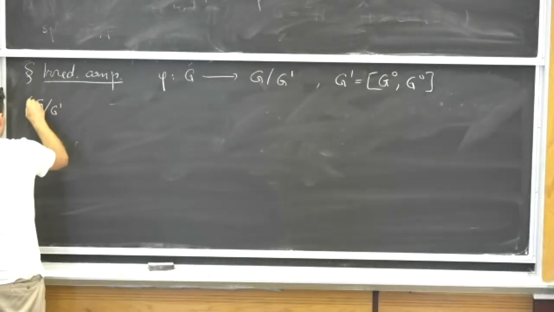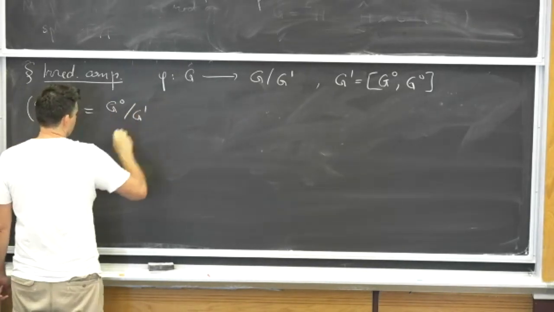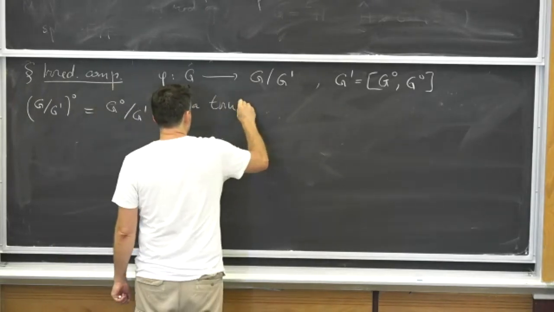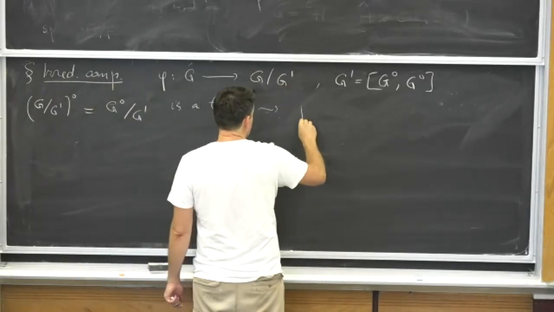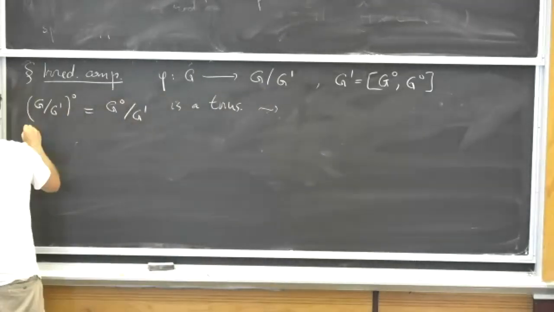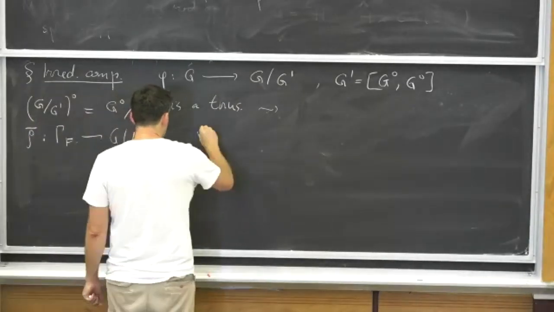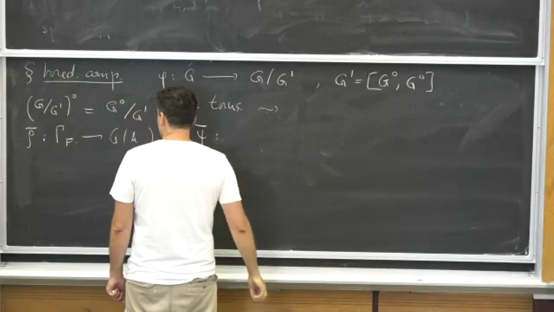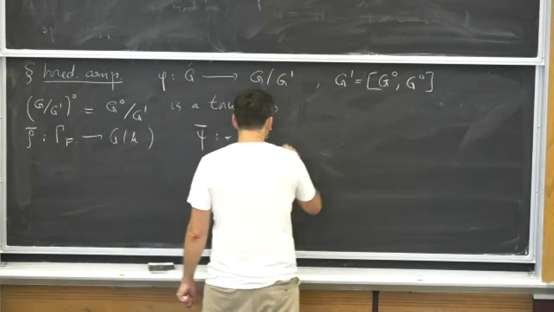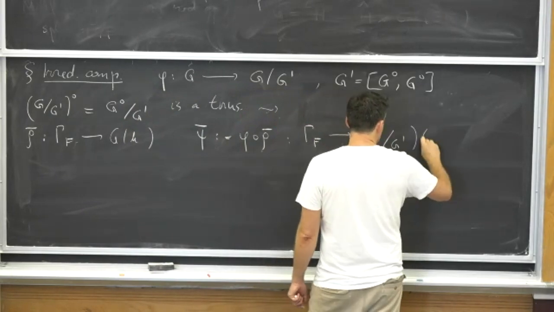And this is a torus. This means that if I have this representation rho bar as before to G(F), I can define psi bar as the composition of psi with rho bar, going to G modulo G prime.